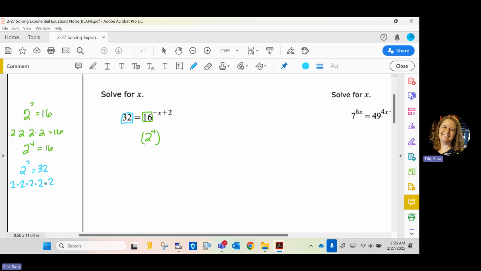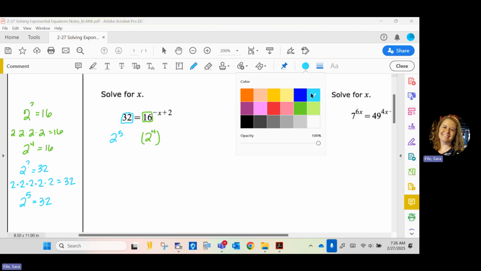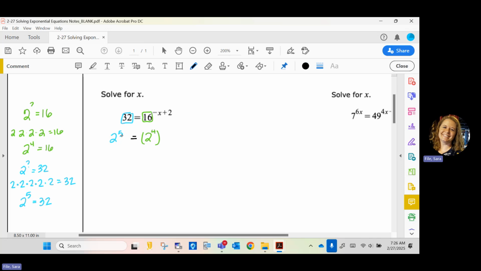What's 16 times 2? That's 32. So it took 5. So 2 to the 5th power is 32. So that's the replacement I can make. Now everything else stays the same. There was no other power on the 32, so it's just 2 to the 5th.